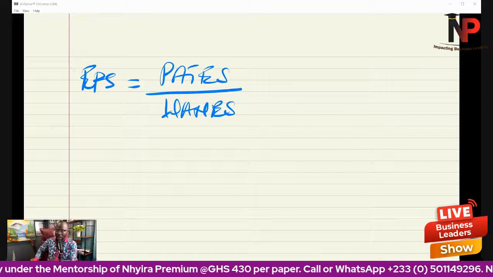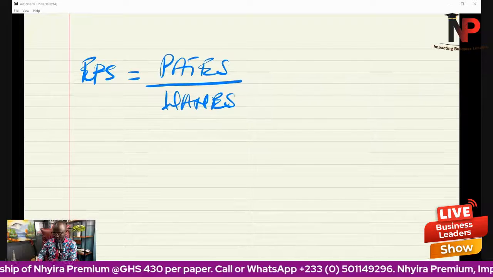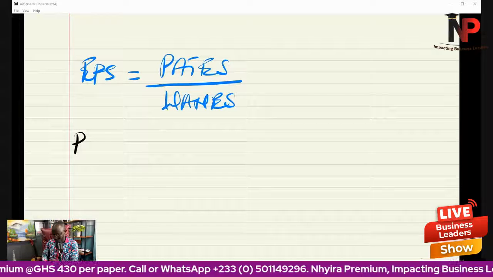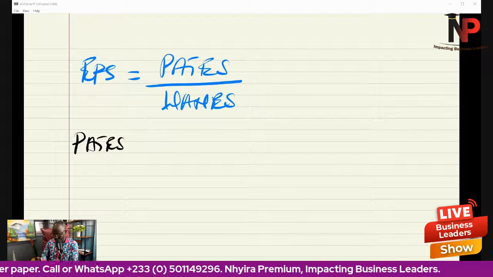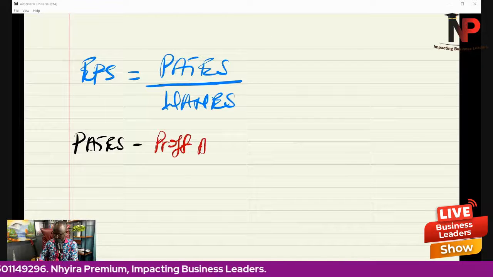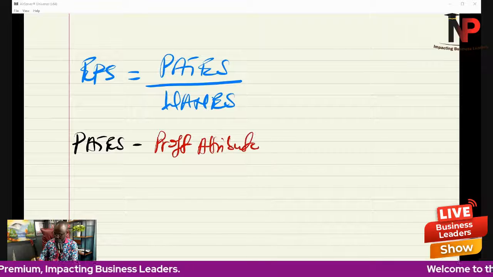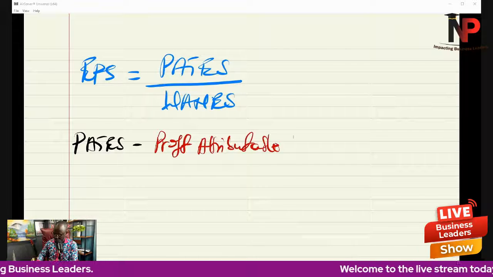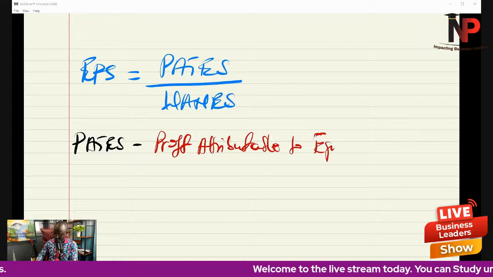PATES divided by WANS. Now, what the heck is that? PATES means profit attributable to equity shareholders. Profit attributable to equity shareholders.